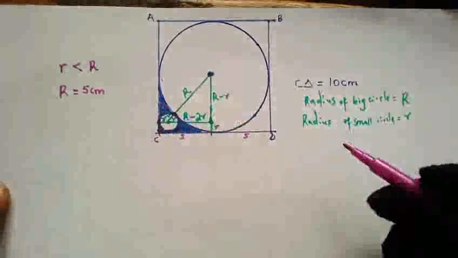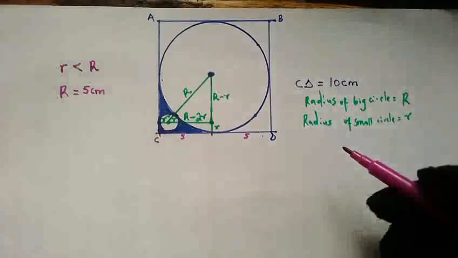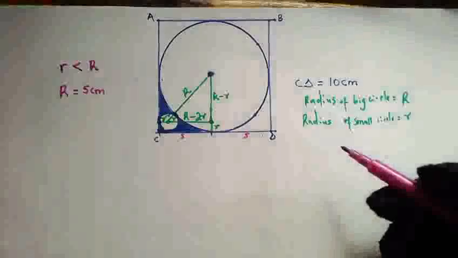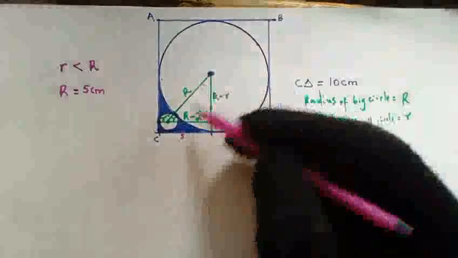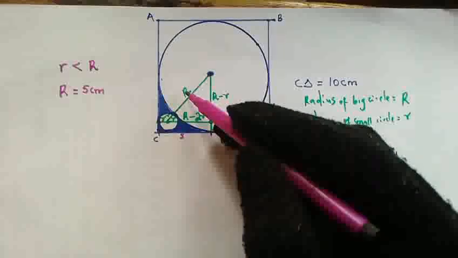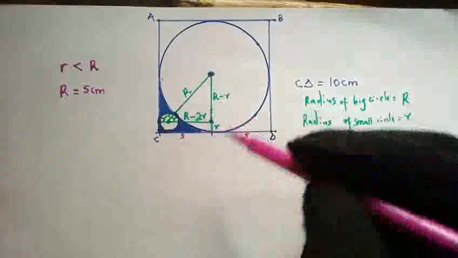Now we're going to use the Pythagoras theorem. Remember that the Pythagorean theorem states that in a right angle triangle the square on the hypotenuse is equal to the sum of the squares of the other two sides.